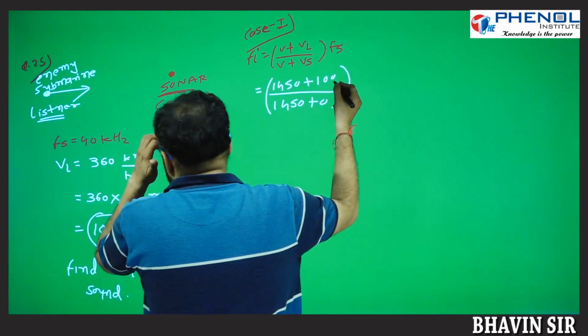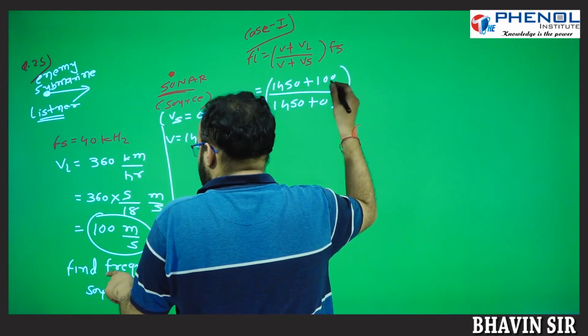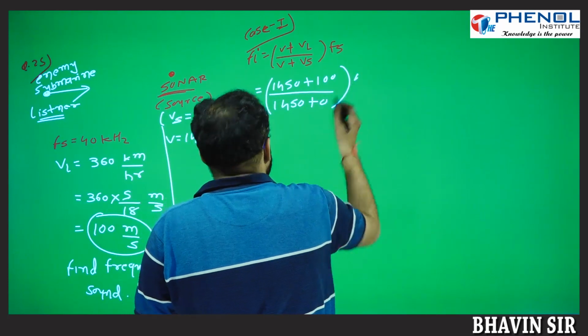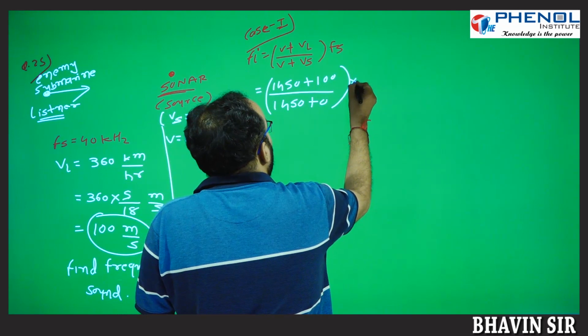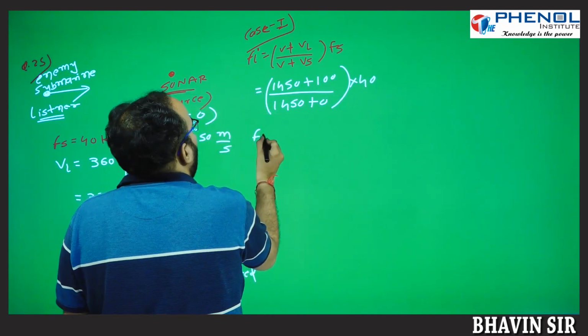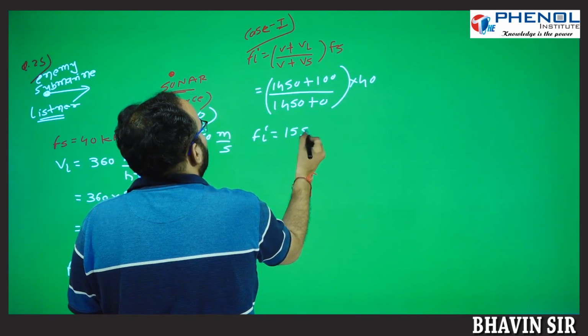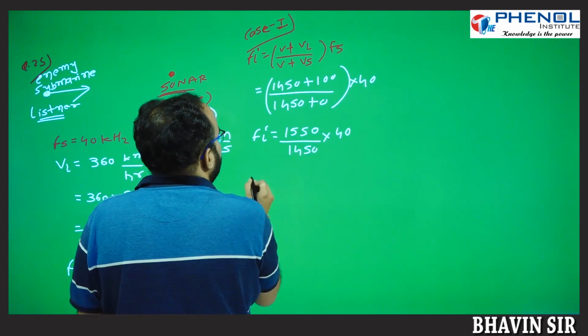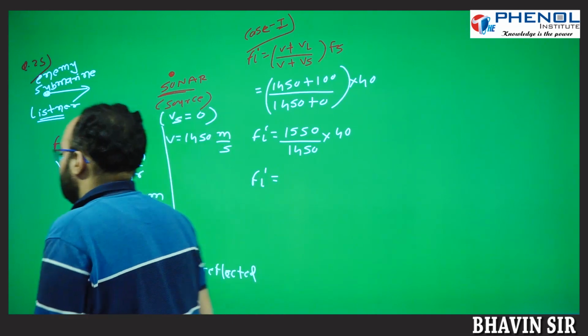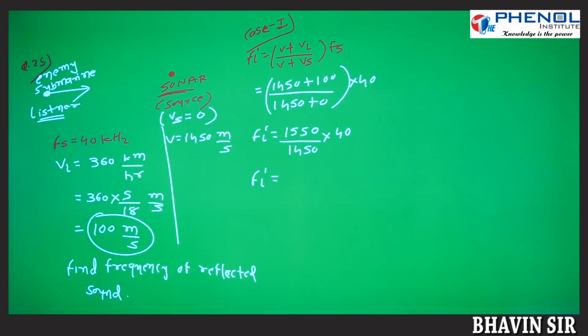What is the frequency of source? That is 40 kilohertz. So 1550 upon 1450 into 40. So what is the answer? 42 point.